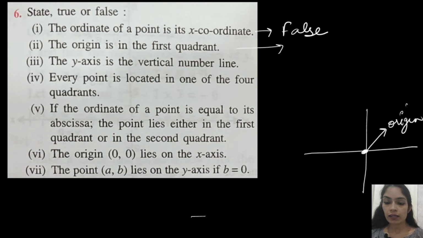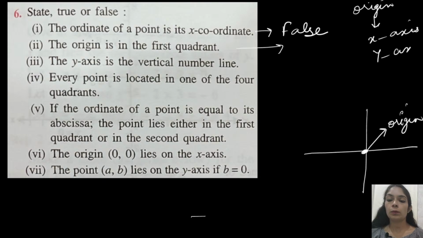It is just lying on the number line. The origin lies on the x-axis as well as on the y-axis. It doesn't lie in any of the quadrants. So the second one is false.